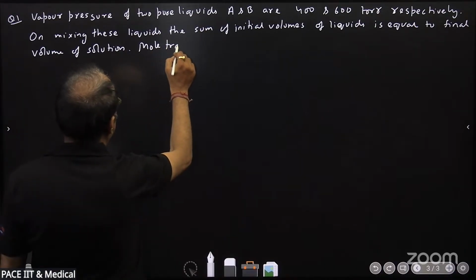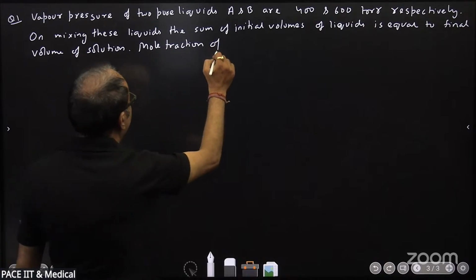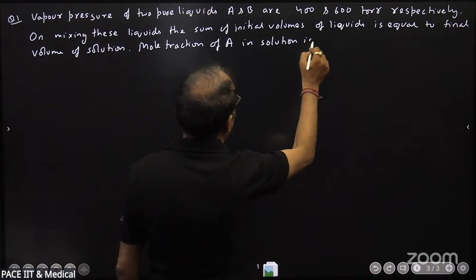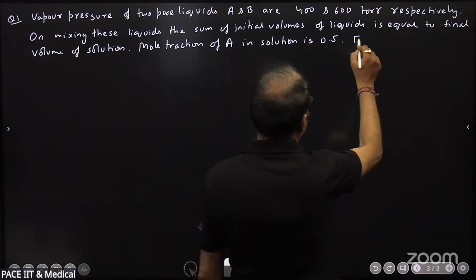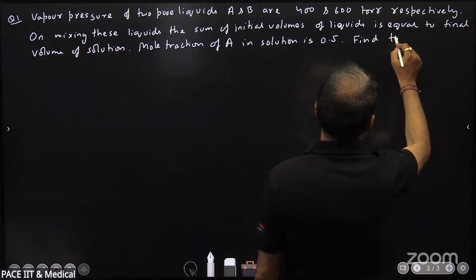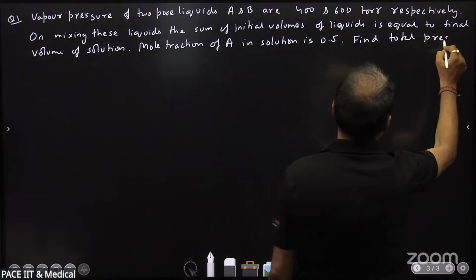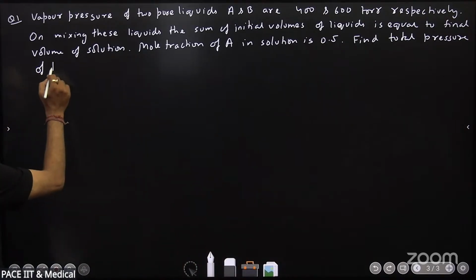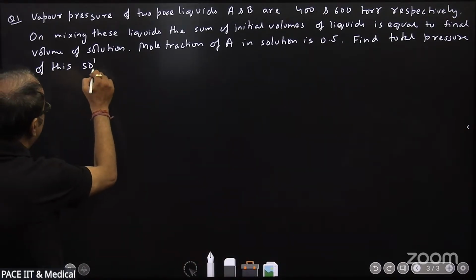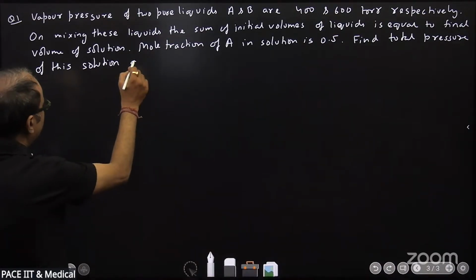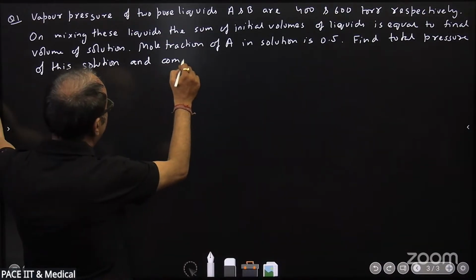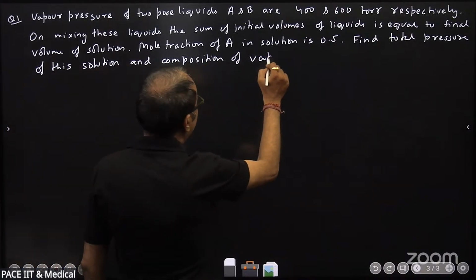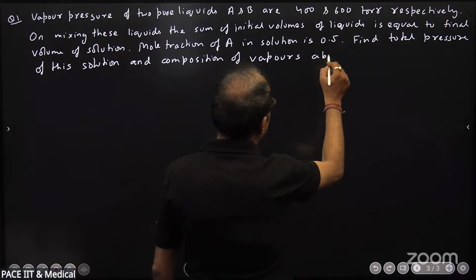Mole fraction of A in solution is 0.5. Find total pressure of this solution and composition of vapors above this solution.